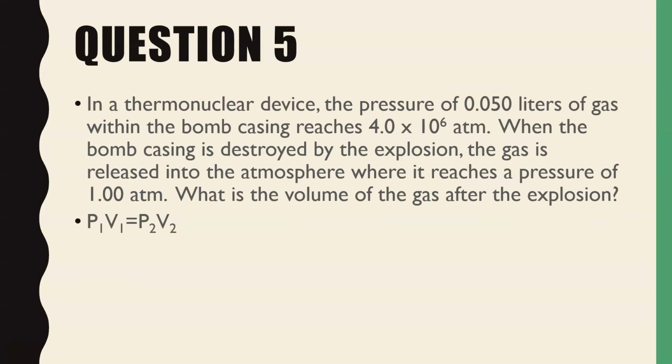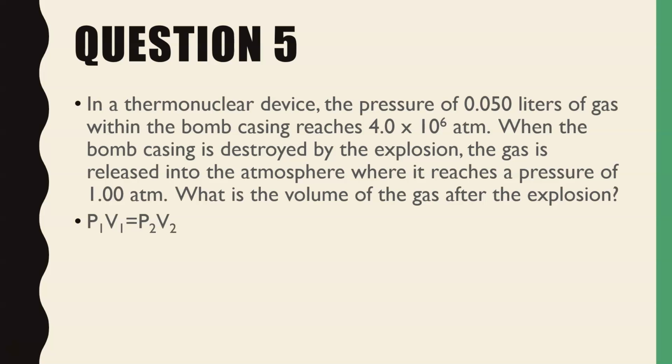So this was a simple P1V1 equals P2V2. And as you're reading your problem, this should have become apparent. Now the first sentence can be a little confusing because it tells you the pressure of 0.05 liters. But that's not really telling you the pressure, that's the volume, because you know liters is a measure of volume.